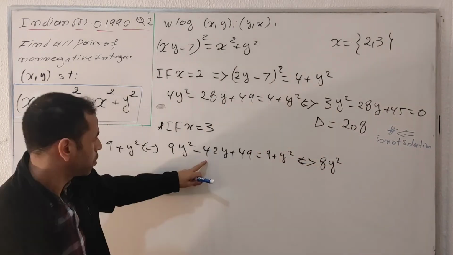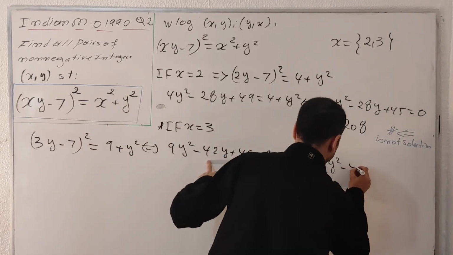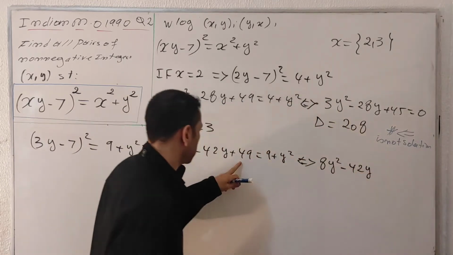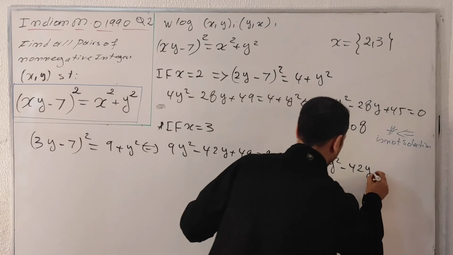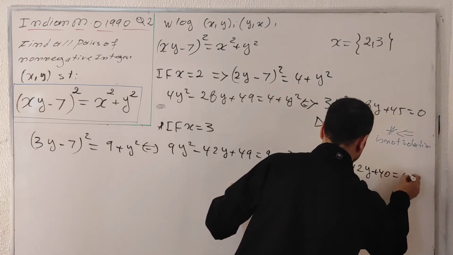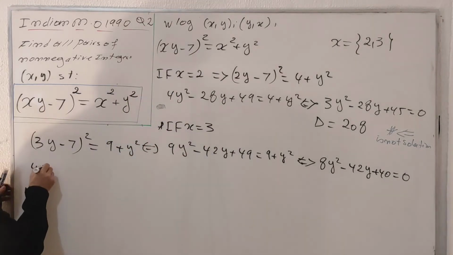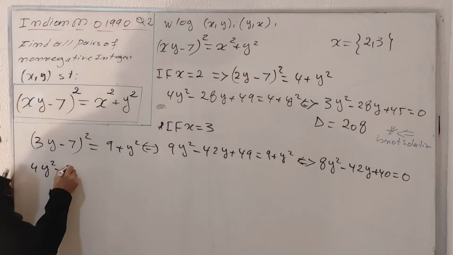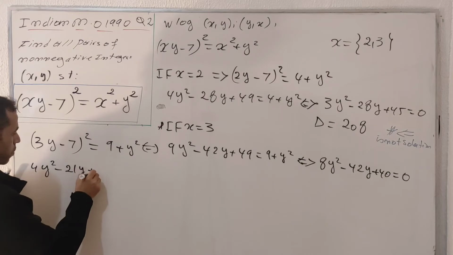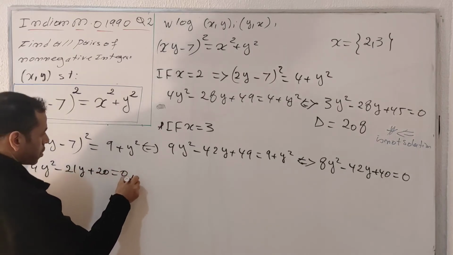8y squared minus 42y plus 49 minus 9, which is plus 40, equals 0. I'm going to divide both sides by number 2. I will get 4y squared minus 21y plus 20 equals 0.